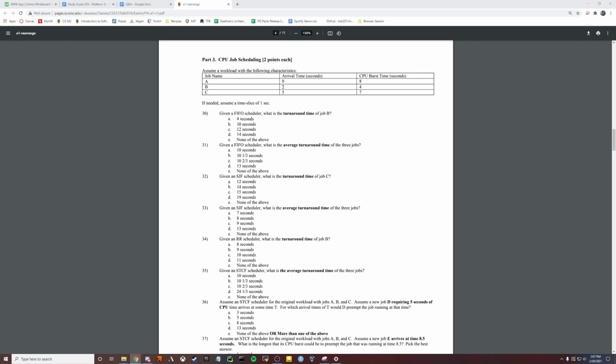I guess it's the same as when it arrives, you just have to do the calculation. It arrives at 2 and we have to figure out where it ends up. It arrives at 2 and it'd end at 6, right? I think so, because job C would take longer, so job B would probably run through completion.